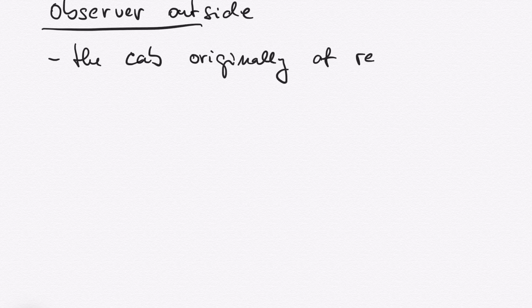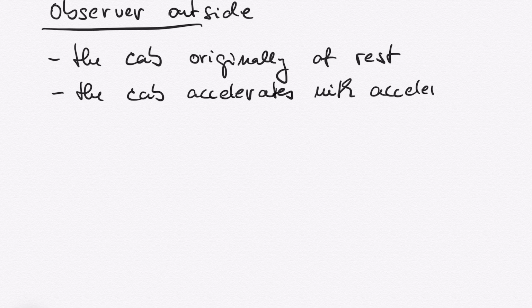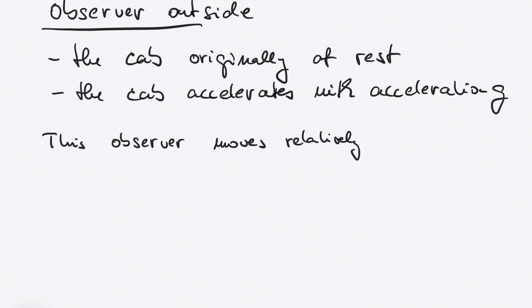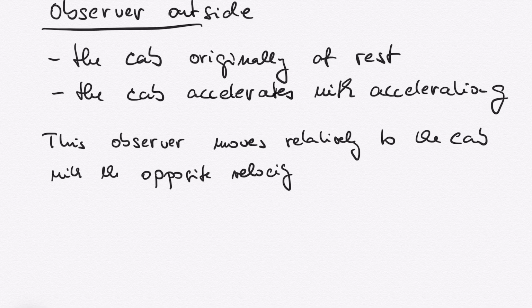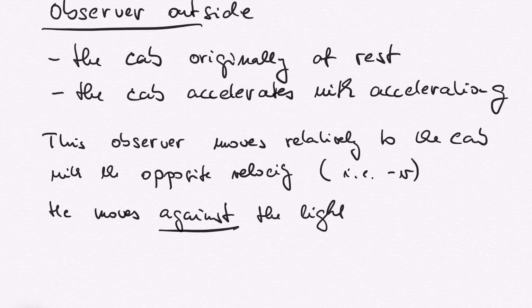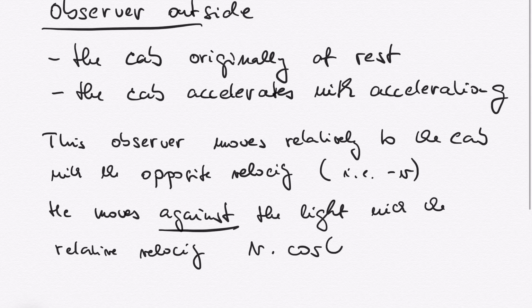The cabin is originally at rest and it started accelerating with an acceleration g. So at the end of the acceleration, this observer moves relative to the cabin with an opposite velocity, minus v. This also means that he moves against the light with the relative velocity which is equal to v times cosine theta.